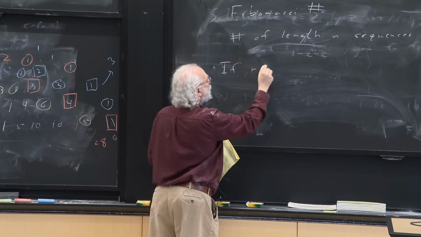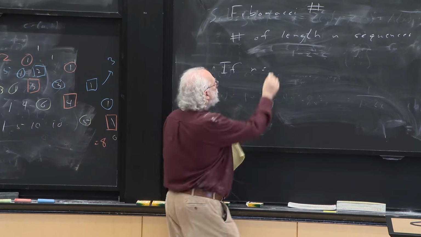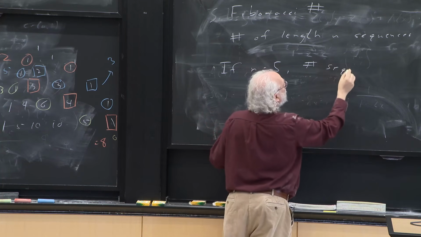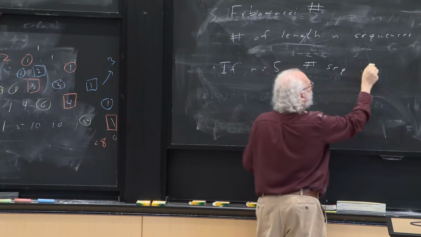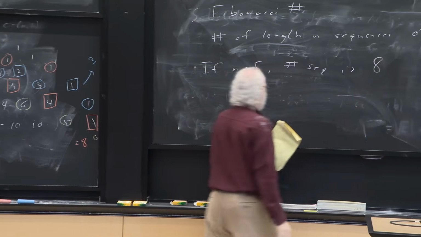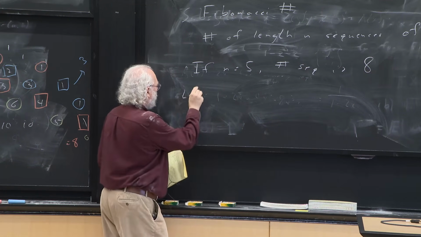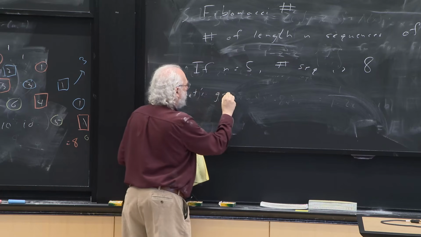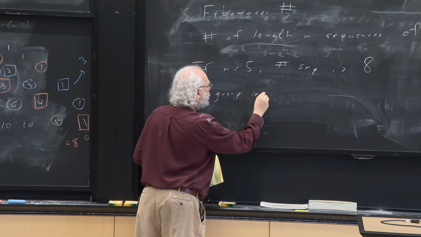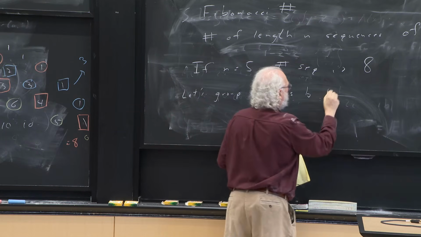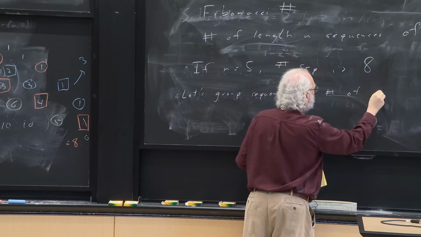If n equals 5, the number of sequences is 8. So we will be doing that one. So let's group sequences by number of dots.